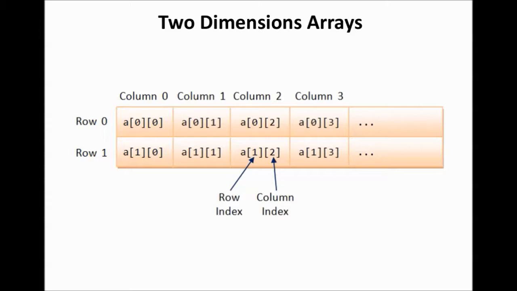A[0][2] indicates the value stored in the third column of the first row, and A[1][0] indicates the value stored in the first column of the second row. A[1][1] indicates the value stored in the second column of the second row. Similarly, A[1][2] indicates the value stored in the third column of the second row.